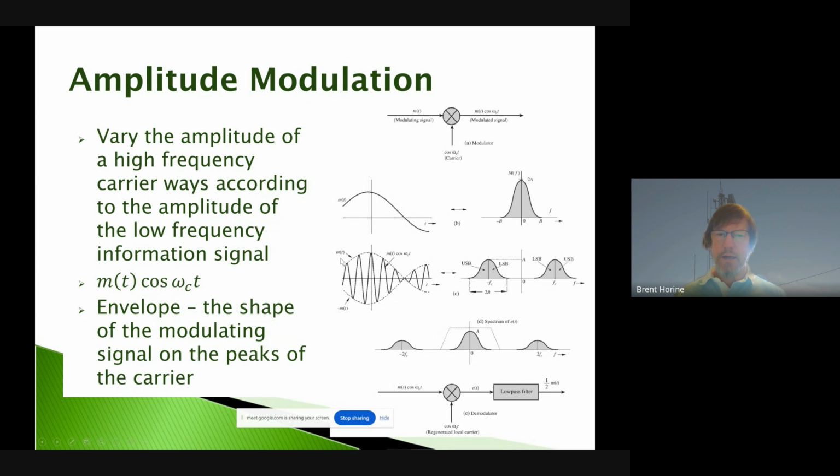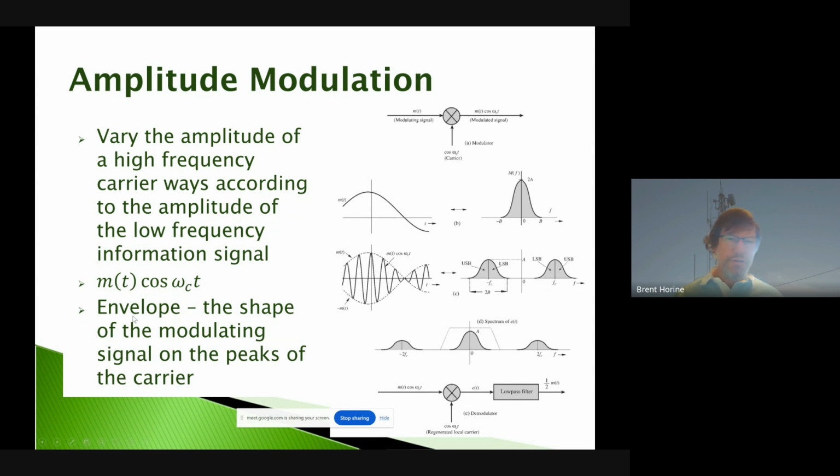That's why we call this the envelope, because it's looking at the maximum excursions of this overall signal. This envelope actually goes negative here, whereas this negative portion goes positive there, so you'll see there's a phase change right there in the carrier signal.